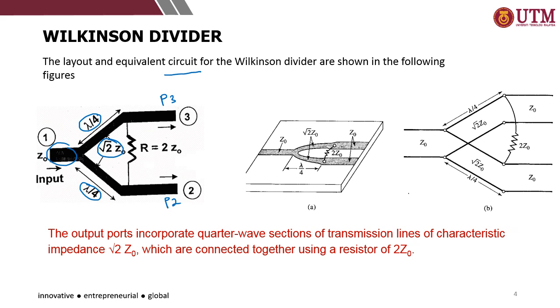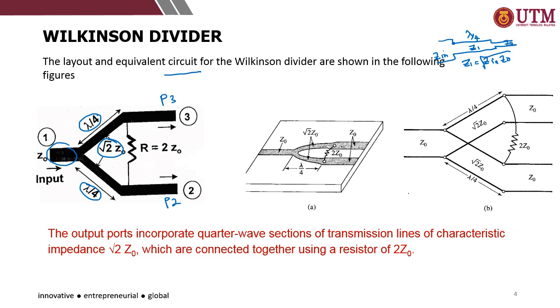Okay, if you still remember in the lambda over 4 transformer design, when you have the lambda over 4, the characteristic impedance of the transformer Z1 is equal to the square root of Z in times Z0. So this is Z in and also Z0.